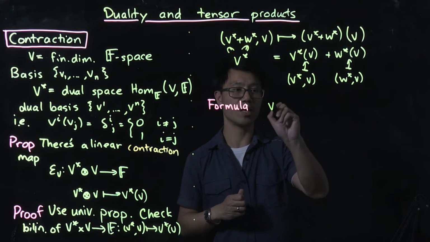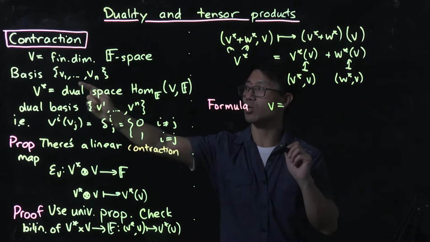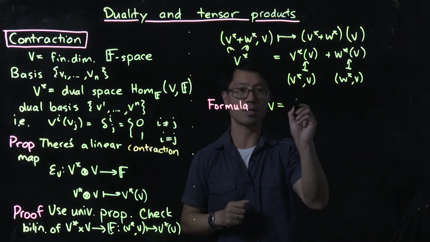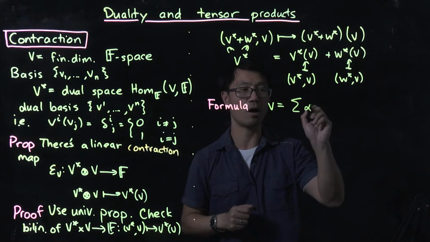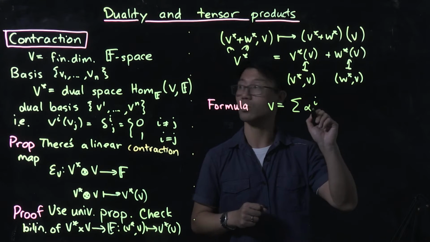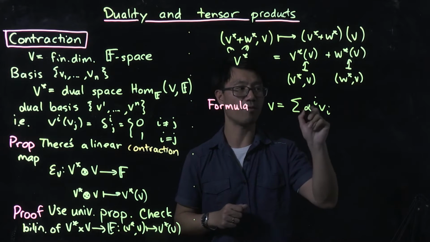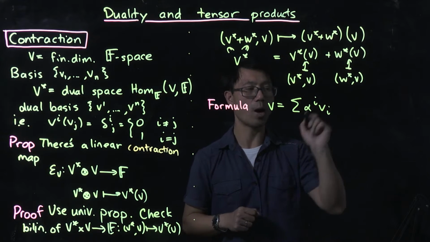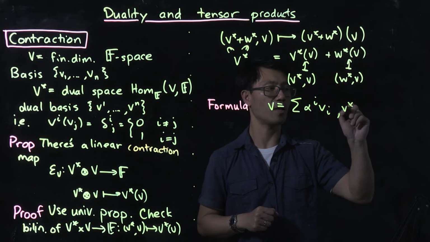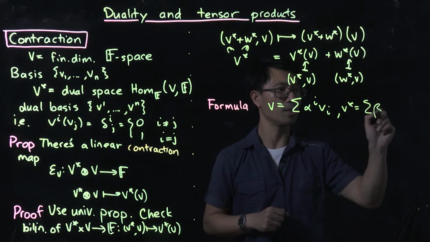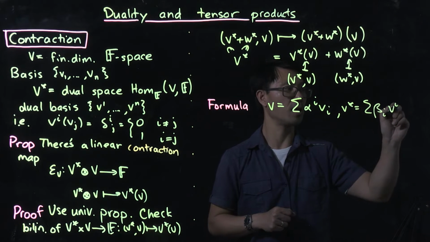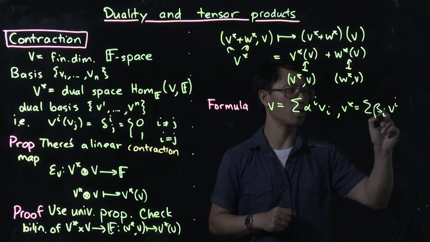Okay, so V you can always write down as a linear combination of the basis elements. So let's suppose that V equals the sum of alpha I, using the usual Einstein summation notation, alpha upper I, v lower I, and this V star is equal to the sum of beta lower j, v upper j.